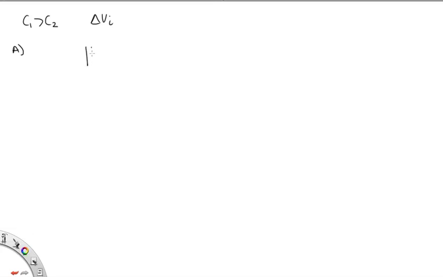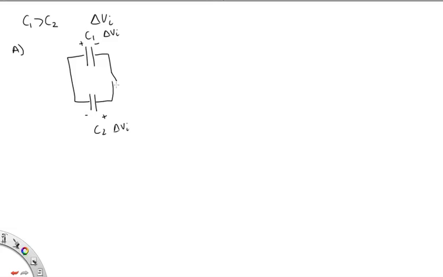Okay, so we're connecting them with opposite polarity. So here's C1, positive plate, negative plate. Here's C2, negative plate, positive plate. And we connect them up like this. Now, initially, we've got delta VI here and delta VI here.